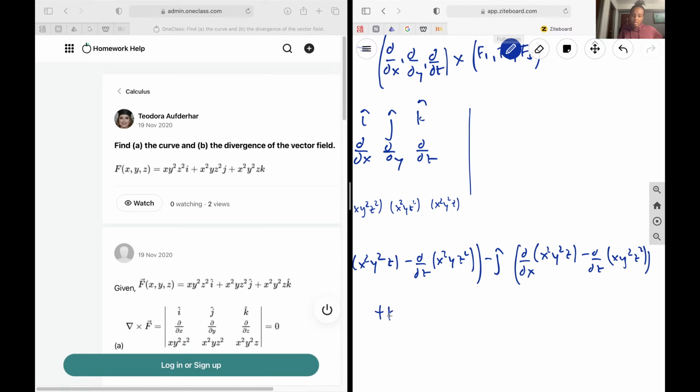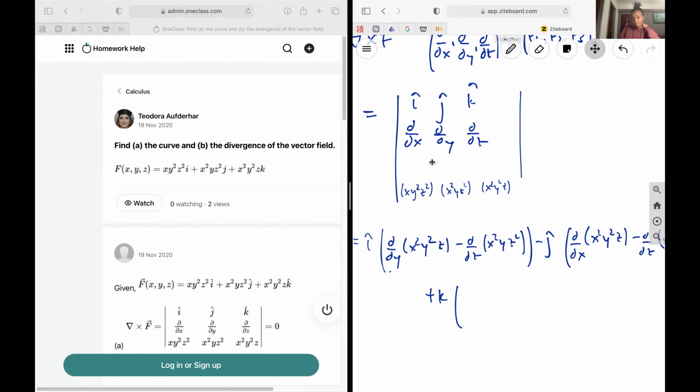And then lastly, in my k component, I'll have this minus this. And so that is d over dx of x squared y squared z, x squared y z squared, minus d over dy of x y squared z squared.